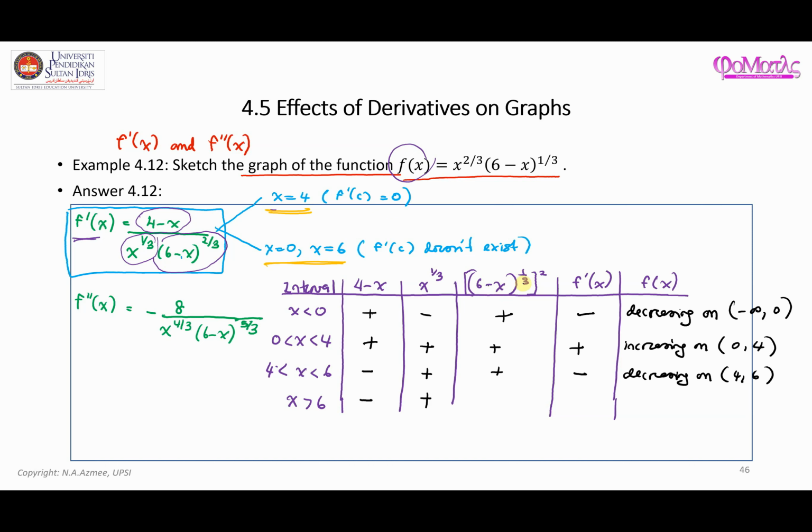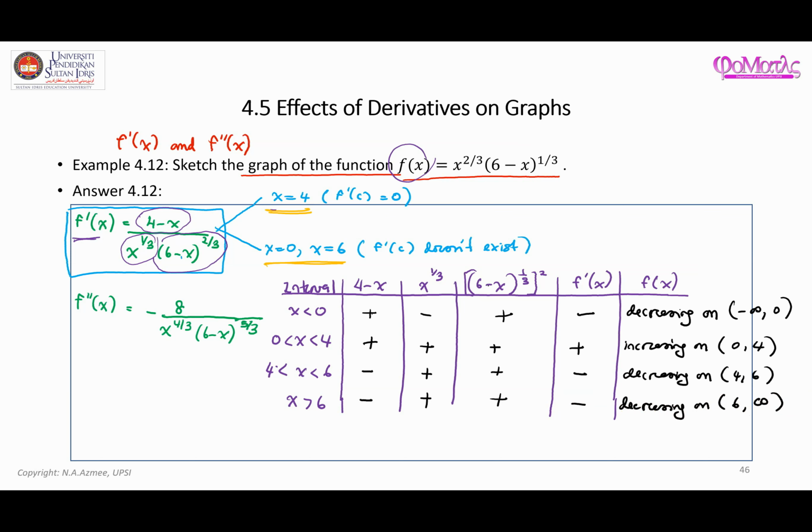When you have 1 over 3, the result here is also going to be negative, but then you have the number squared, so the whole thing becomes positive. Finally you have the final result, negative sign. Because of this negative sign, we say that fx is decreasing on the interval 6 and infinity.